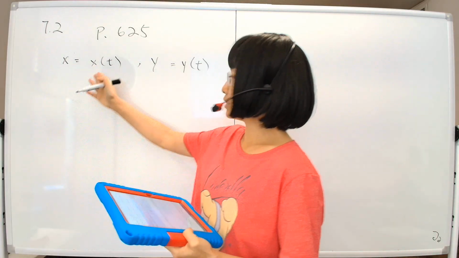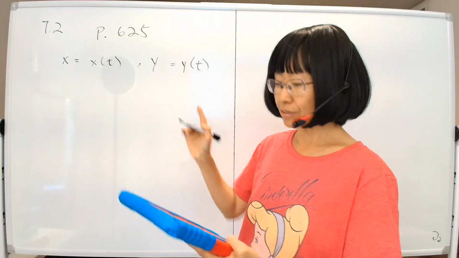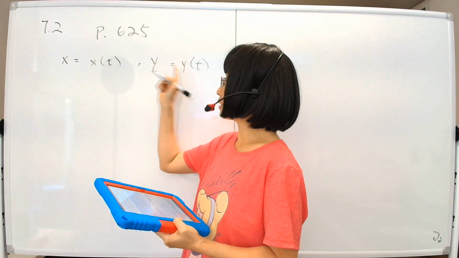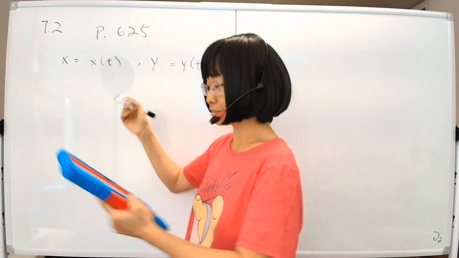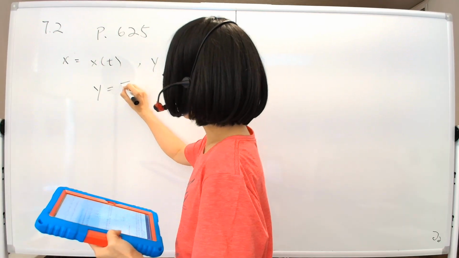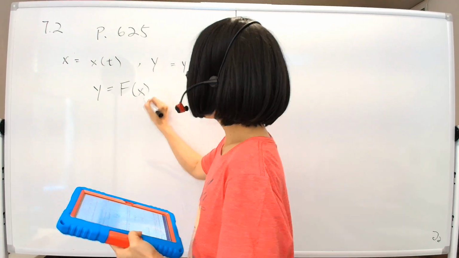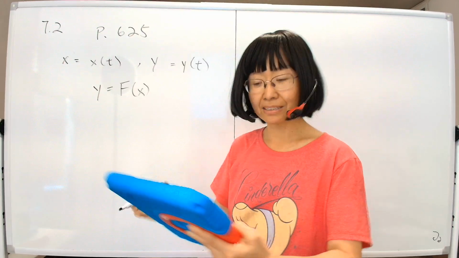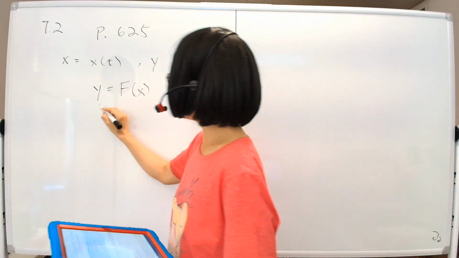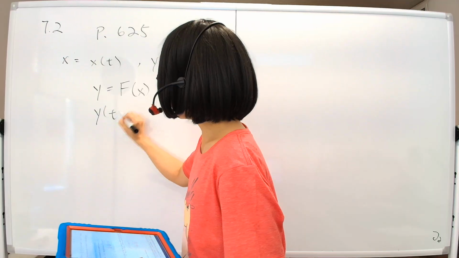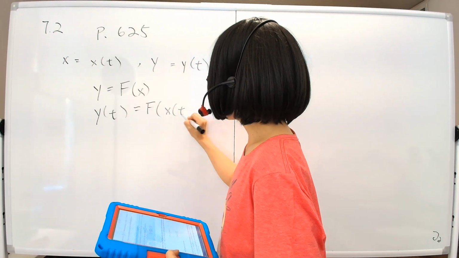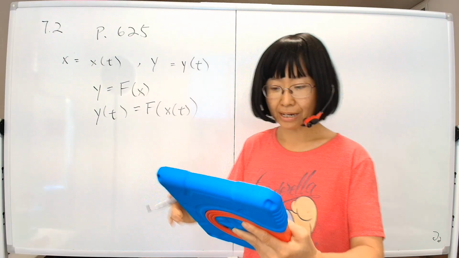We have the parametric equations, and we assume that there's a way to plug one into the other so that you end up with a function y equals f of x, by eliminating t, as we have done in the previous section. Or put another way, y of t equals f of x of t.